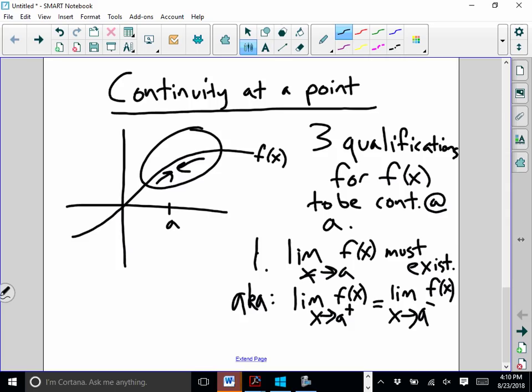If a limit doesn't exist at a point, that function is not continuous at that point, and you don't even need to check steps 2 and 3. If a limit exists, however, that is not enough to say a function is continuous. Take a look, I'm going to scroll back up.